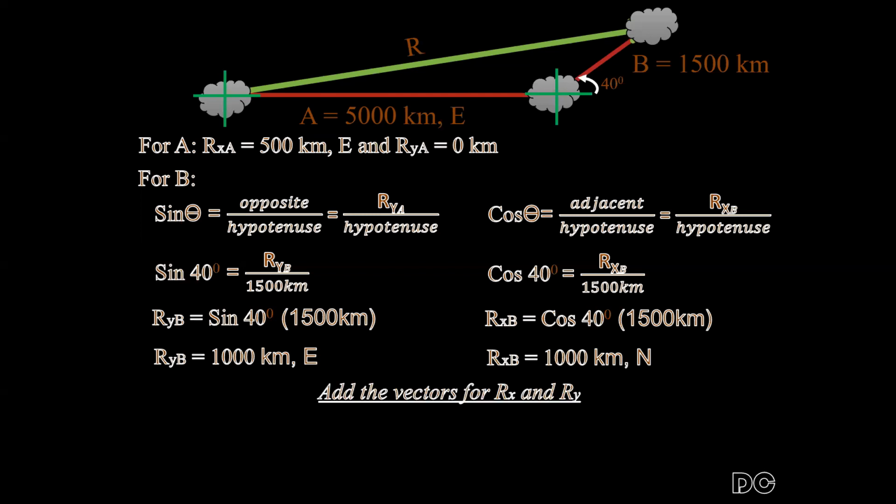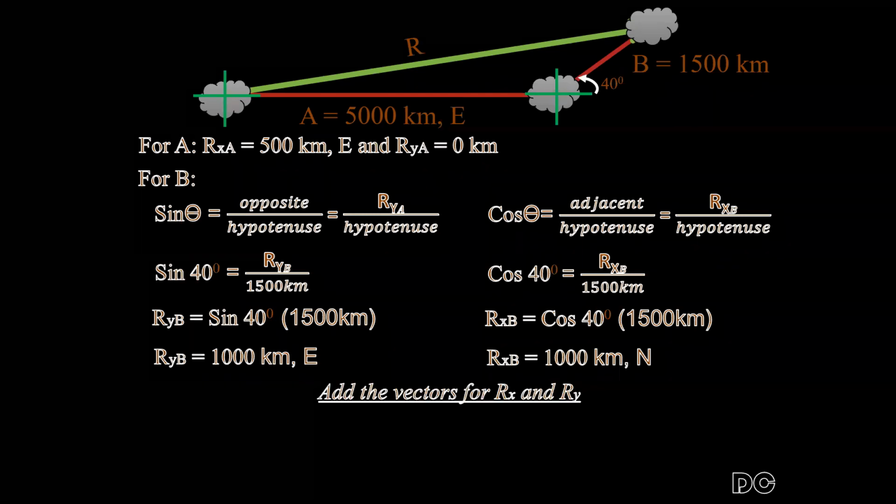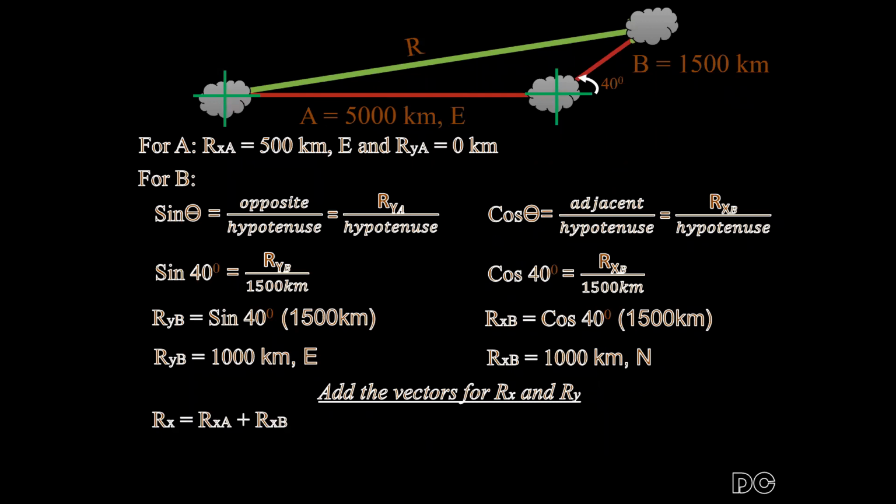Next, after that, add the vectors for r sub x and r sub y. For r sub x, the x component of our resultant, just simply add r sub xa and r sub xb, which is 500 kilometers east plus 1,000 kilometers east.